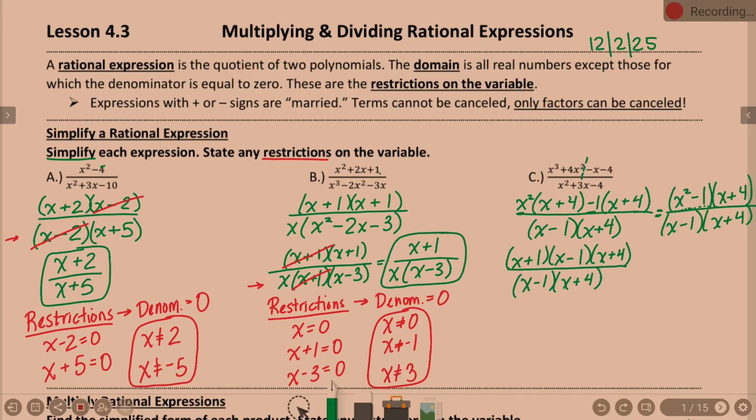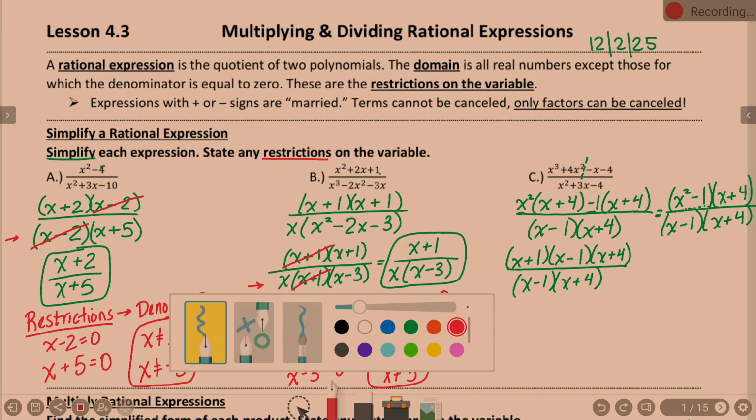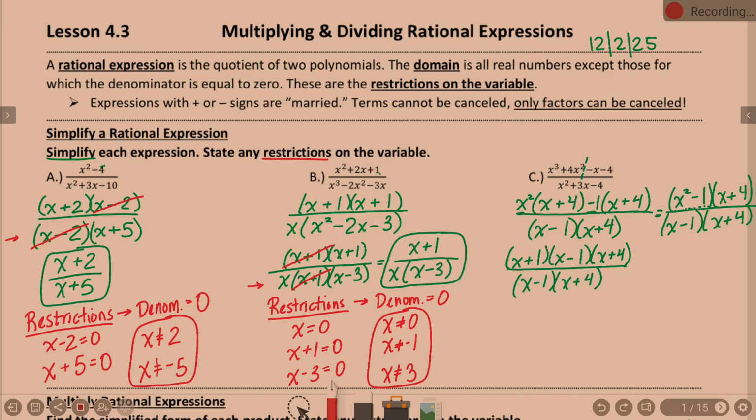Now, with all that said and done, is there some canceling that can happen? Yeah. Definitely some canceling that can happen. What do you guys see? The x minus 1 on bottom cancels with the x minus 1 on top.